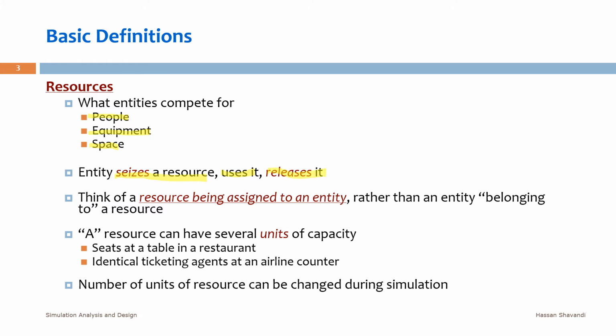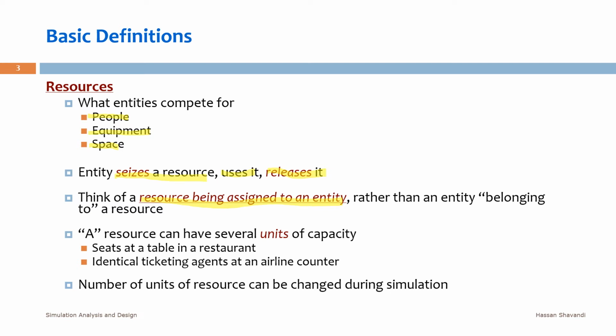Okay, so think of a resource being assigned to an entity rather than an entity belonging to a resource. Here none of the entities belong to the resources. Resources are there and they will be assigned to entities to serve them.